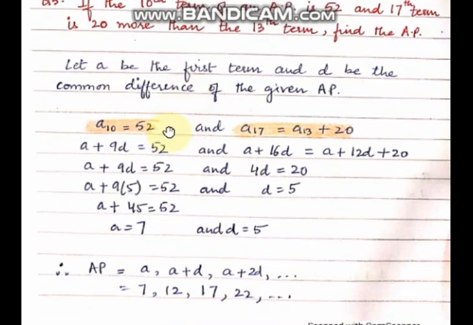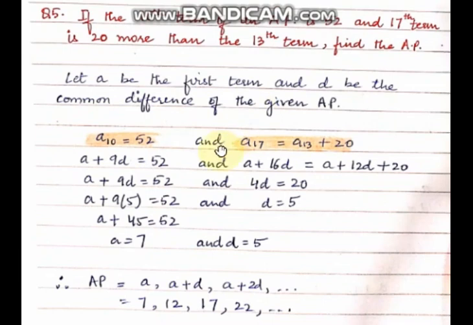So I've just written here that the 10th term is 52, A10 is 52, and the 17th term, A17, is 20 more than the 13th term. So these are the two equations which we will be simplifying. Obviously, A is the first term and D is the common difference for the given AP.